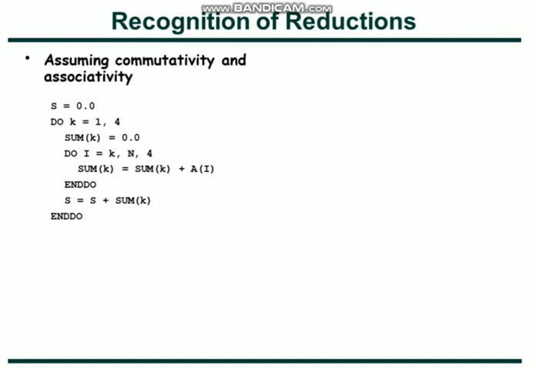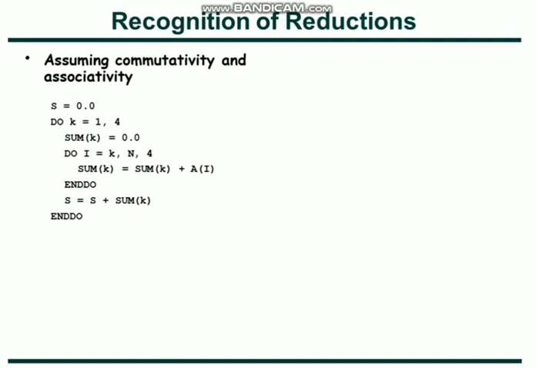The outer loop is do k is equal to 1 to 4 because we want 4 intermediate results. Then inside that we have sum of k is equal to 0. So sum of k represents an intermediate variable. Since I have 4 different values of k, I'll have 4 different intermediate results: sum of 1, sum of 2, sum of 3 and sum of 4. All would be initialized initially to 0.0.